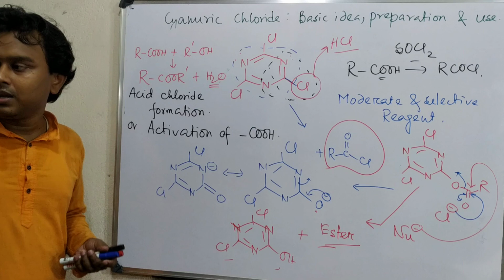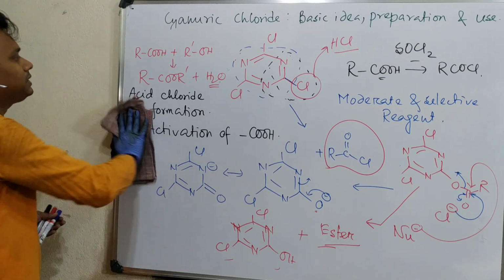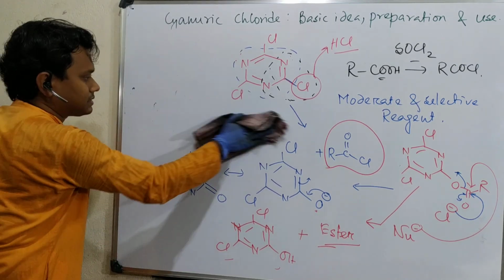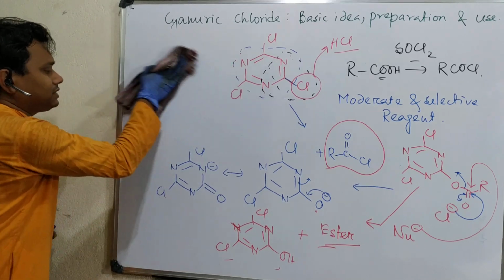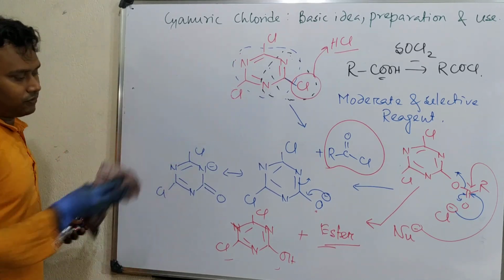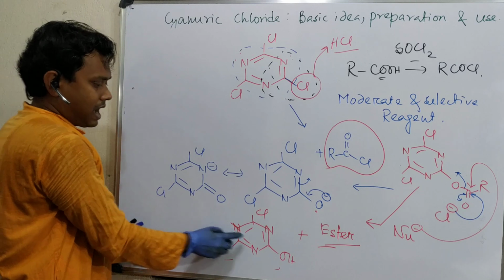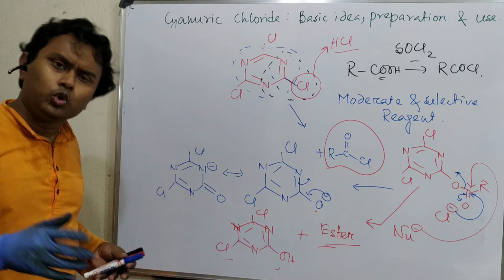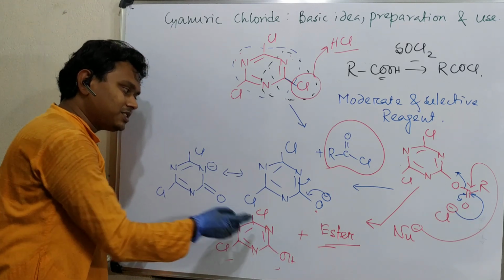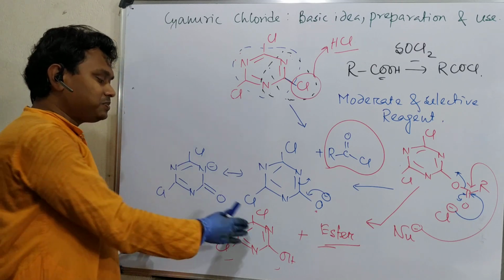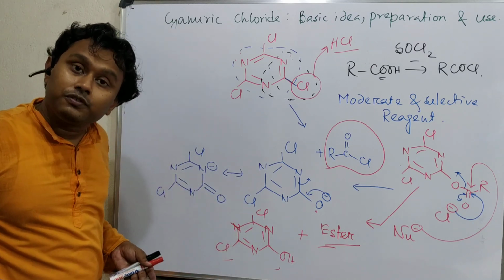Fine. Point number 1. Is there any other application? Yes. See, after this first attack, for example, let's compare this. After the first OH attachment, some group attachment, the electron deficiency reduces. Consequently, it becomes a little less electron deficient.